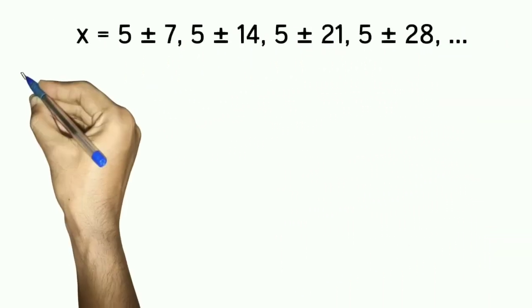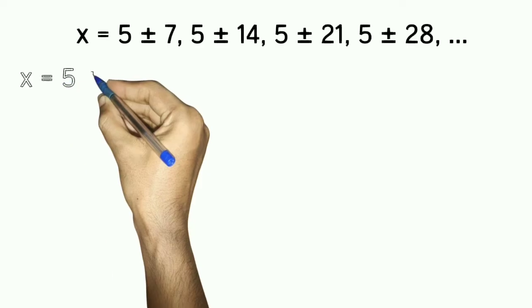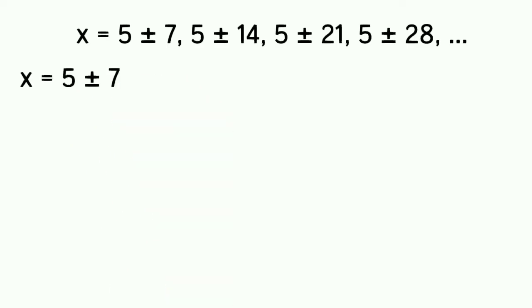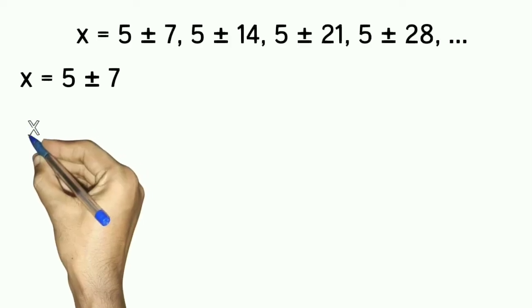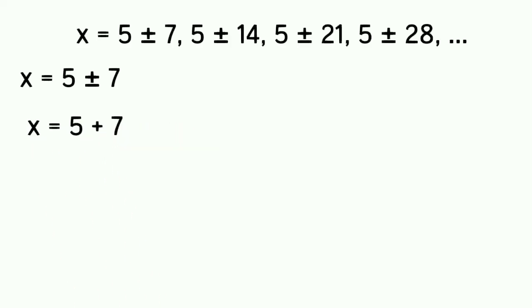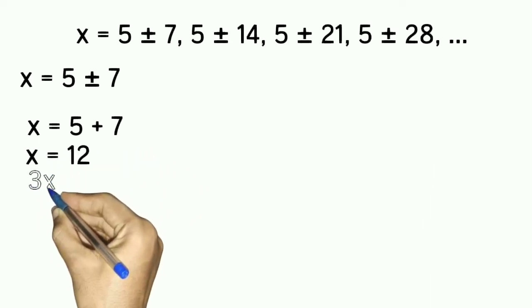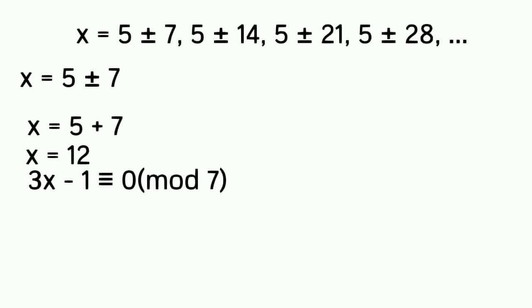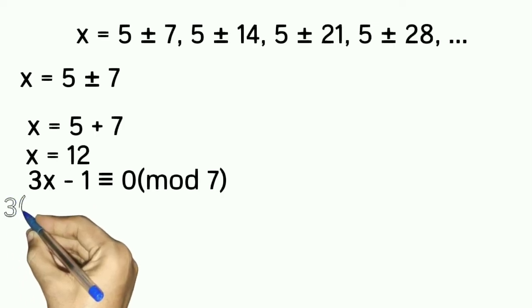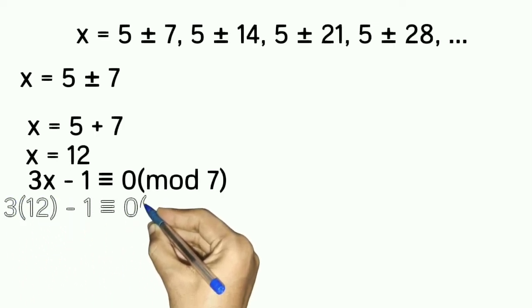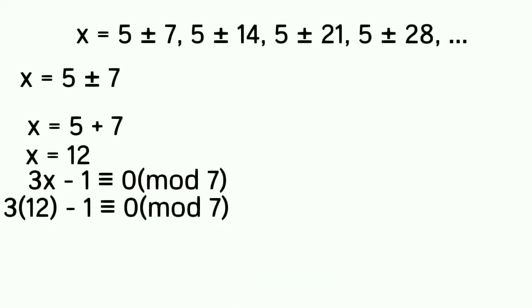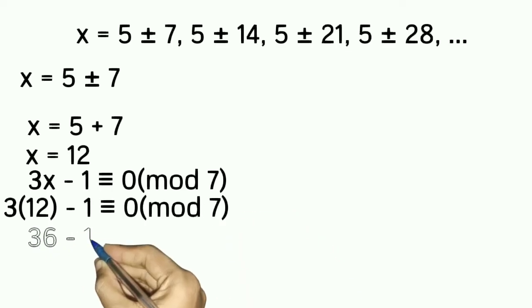Let's study kung bakit yung 5 plus or minus 7 ay solution sa problem. Unahin natin yung 5 plus 7. 5 plus 7 is equal to 12. Isa-substitute natin yung 12 dun sa 3x minus 1. So that will become 3 times 12 minus 1. 3 times 12 is 36.